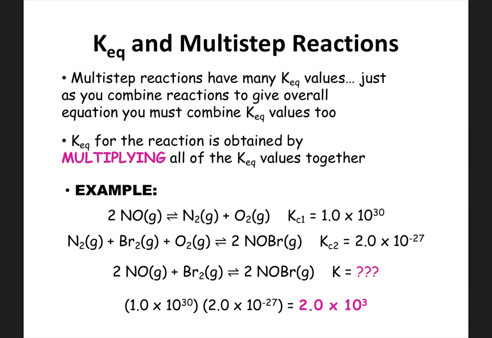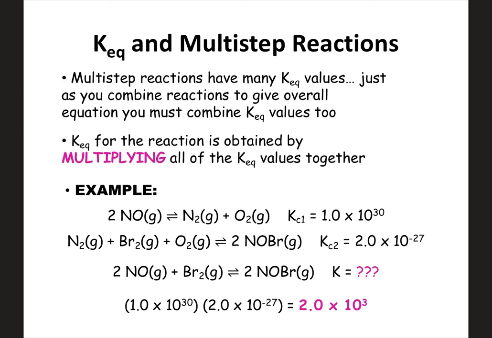So if you notice here, we have two reactions written here, each with their own K value. And then they gave you a third reaction, and they said, okay, what's the K value? So you have to realize here, by looking at this, that all we're doing is essentially adding these reactions together to get that third reaction.